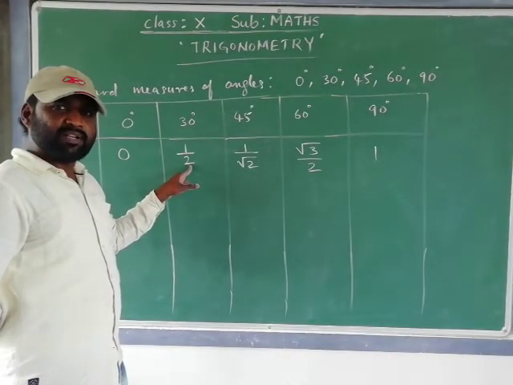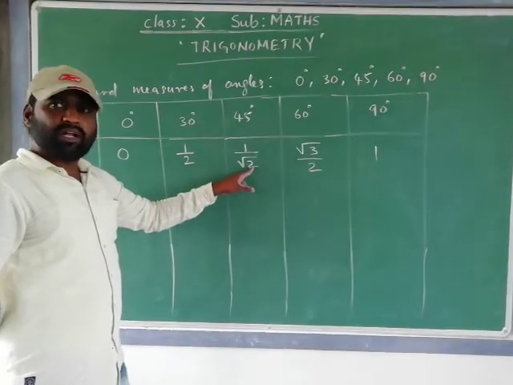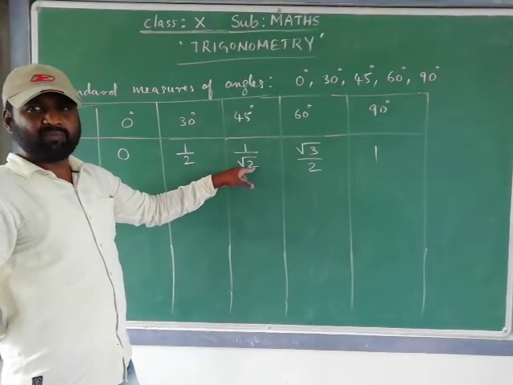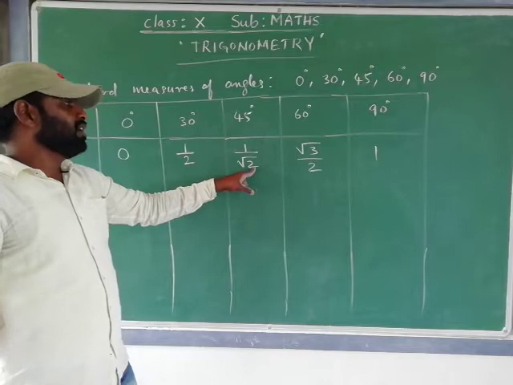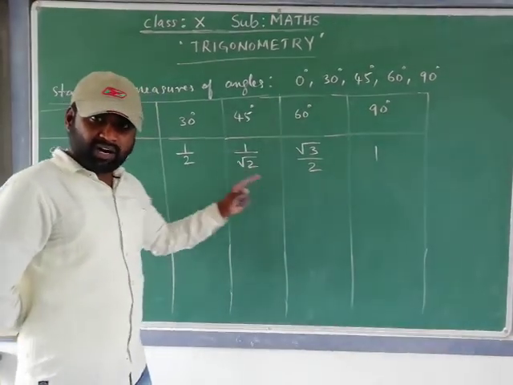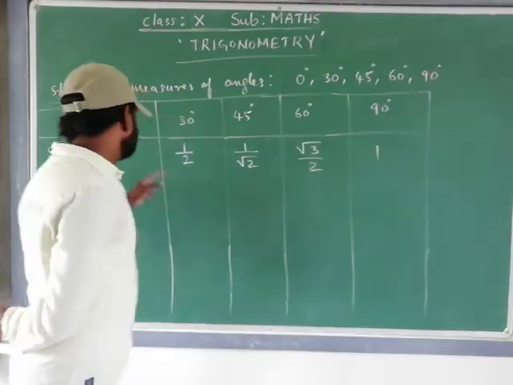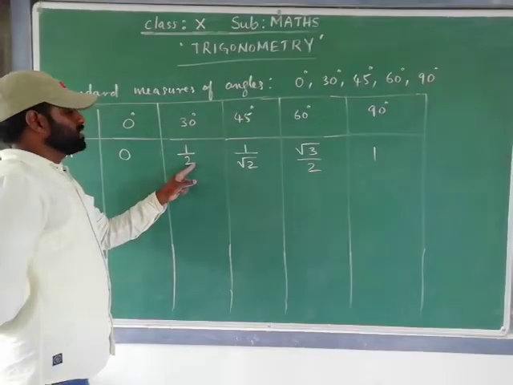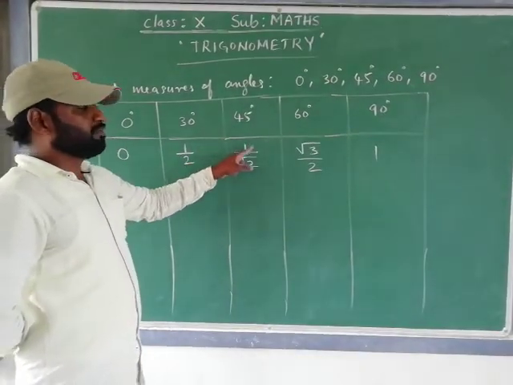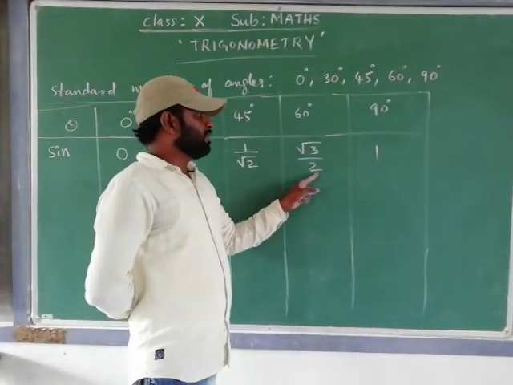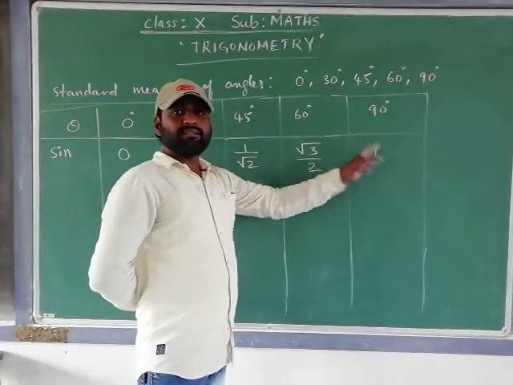It is more than 0, less than 1. 1 by root 2 is also 1 by something, which means it is not more than 1. It is less than 1 only. But not negative. It is always a positive value. So 0 degrees is 0, 30 degrees is 1 by 2, 45 degrees is 1 by root 2, 60 degrees is root 3 by 2, 90 degrees is 1.